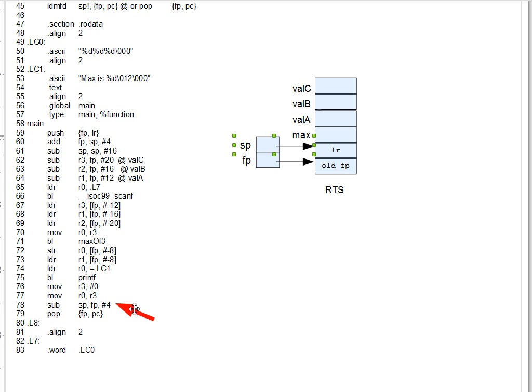And it then does a pop, which is an LDMFD SP shorthand. It copies the LR and old FP values into FP. The old FP goes into FP, and the LR goes into PC, which effectively does a return to whoever called main.